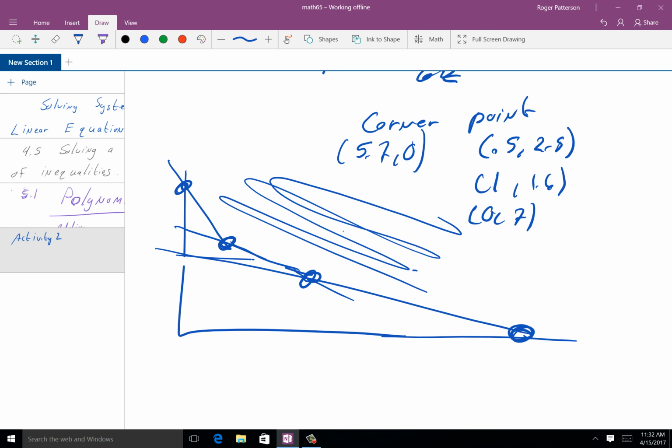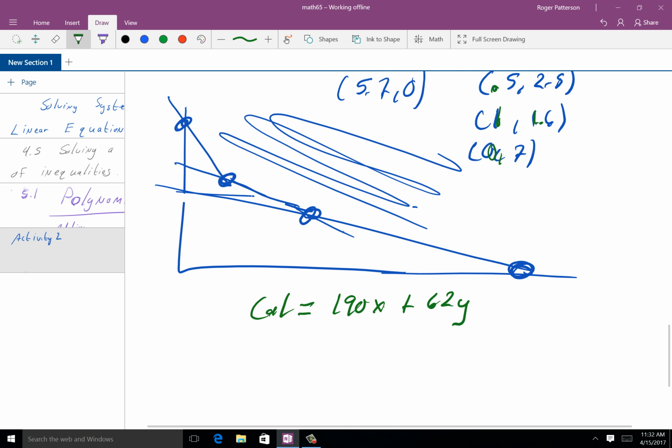So, I'm going to take my calorie equation. I'm almost done. What was my calorie equation again? What did we write for that? 190x plus 62y. And I'm going to check every single one of these points to see which one has the minimum number of calories.